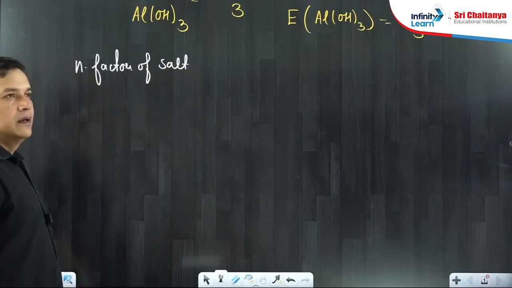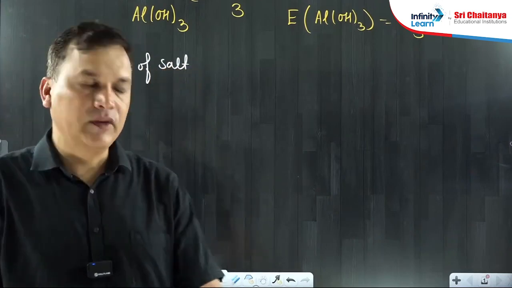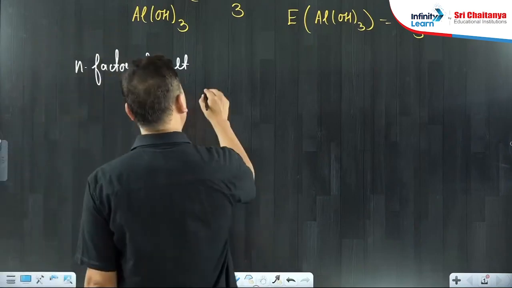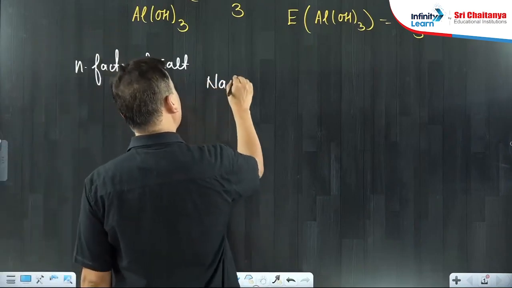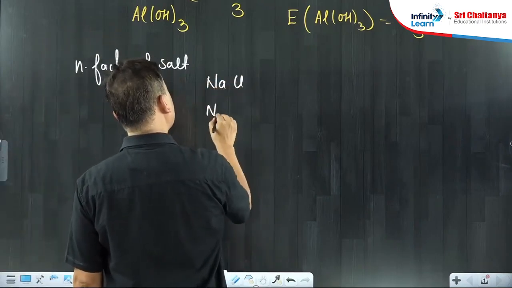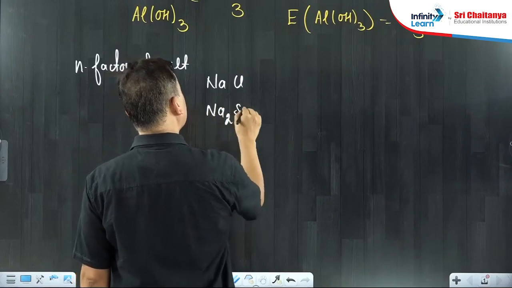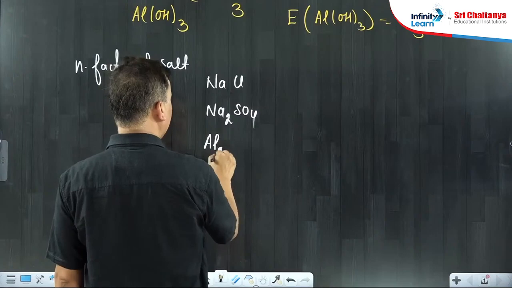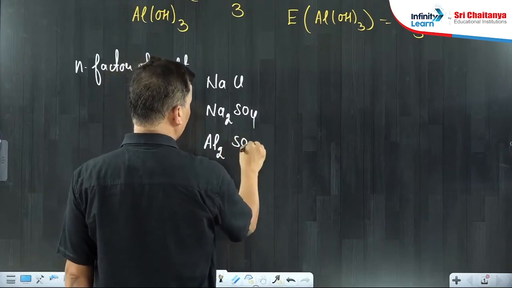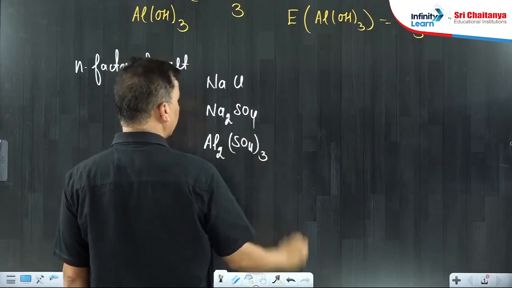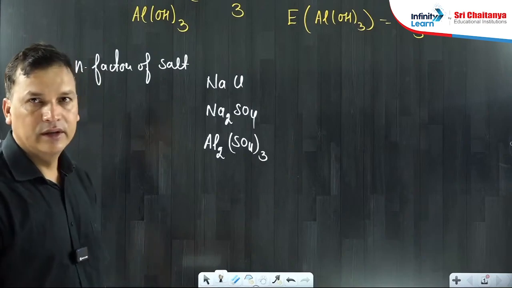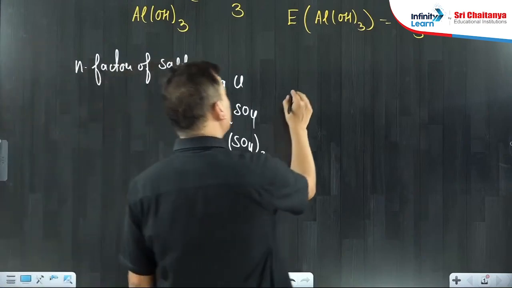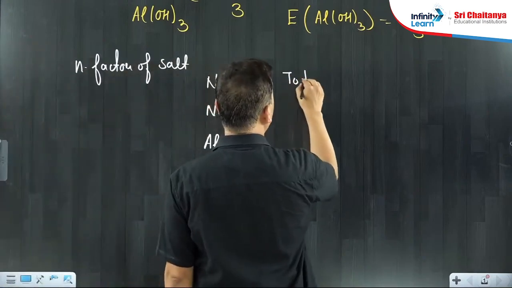Dear student, I am taking some examples of salt. Here is NaCl, sodium sulfate, and aluminium sulfate, Al2(SO4)3, and many more others. So dear student, here is the total positive charge.